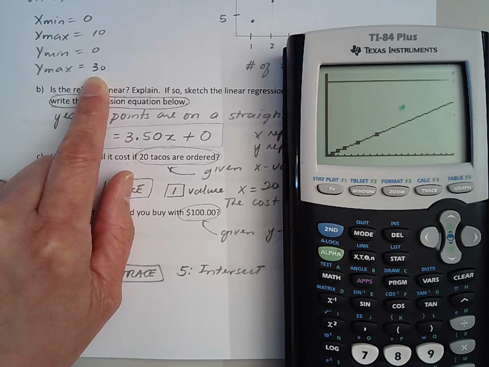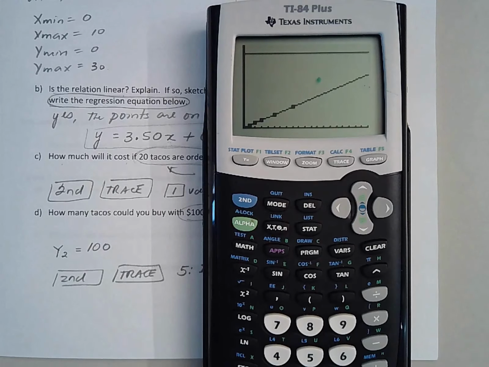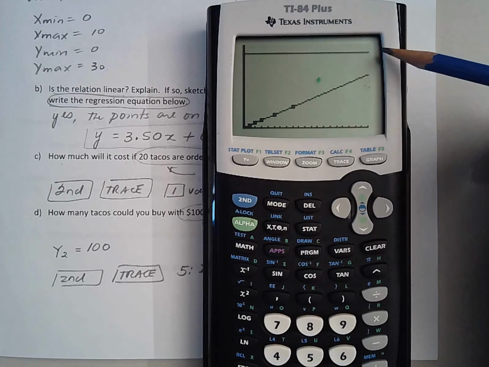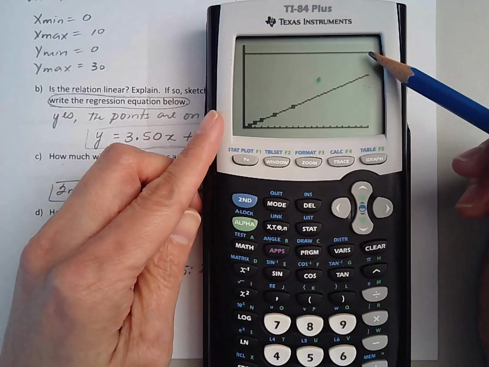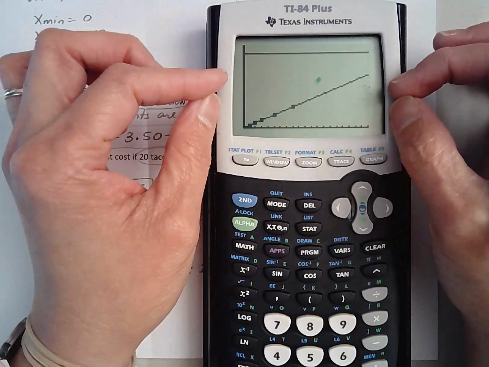Okay. Do you see their intersection? Now, if we do an intersection here, our calculator can't do that because in this particular screen, they're not intersecting.